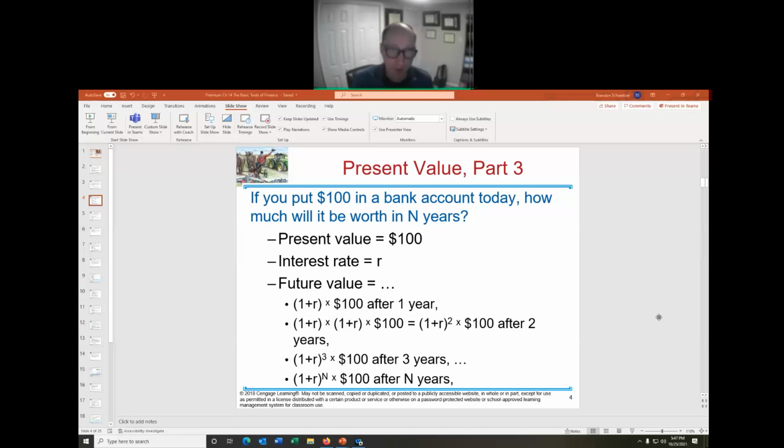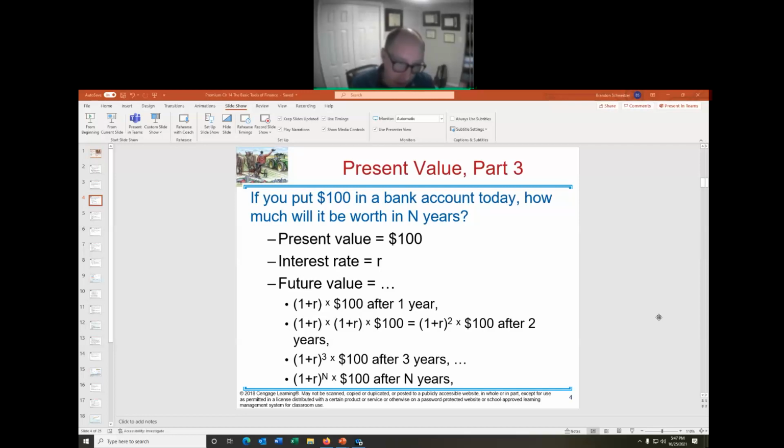That's the whole idea. For example, here we have a present value example. If I were to put $100 in the bank today, how much will it be in n number of years? Excellent question, and you could easily find that out. What is the number of years, and what is the current interest rate?